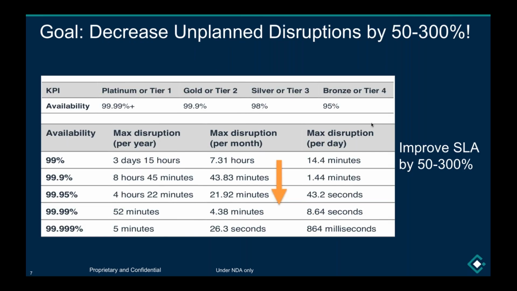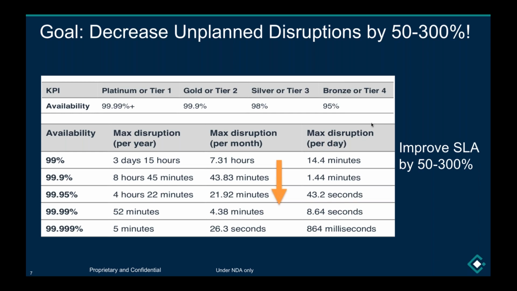Now, given that, the goal here is to decrease these unplanned disruptions by 50% and up to 300% if it is possible, right? So if you are moving from 99% to 99.9% goal, then you're talking about at least 50% improvement. I'm sorry, this is a 300% improvement.